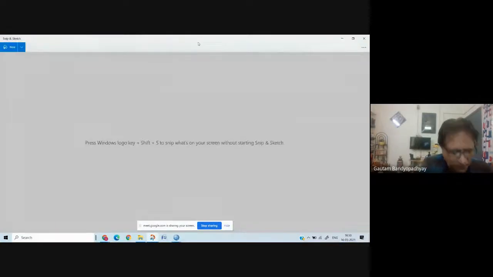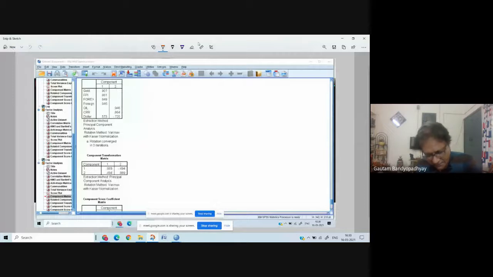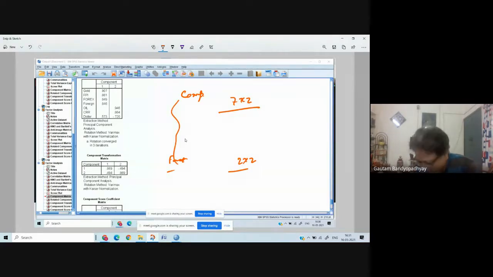Say your component matrix is 7×2, and your factor transformation matrix is 2 by 2. What is our main objective? Our main objective is to get the rotation matrix.